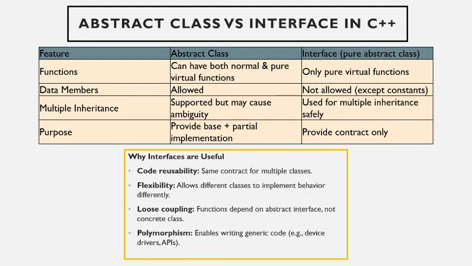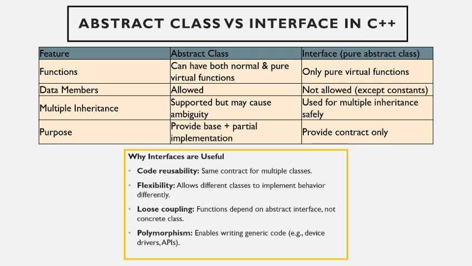The difference between an abstract class and an interface. An abstract class can have both normal and pure virtual functions, while an interface can have only pure virtual functions. Data members are allowed in abstract classes, and not allowed in interfaces.